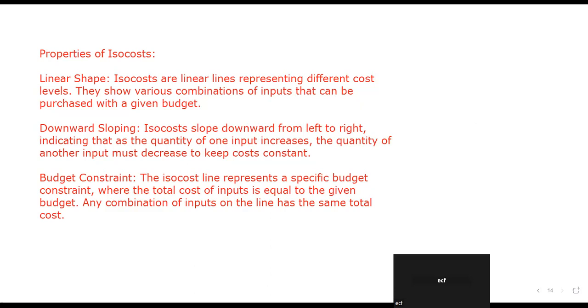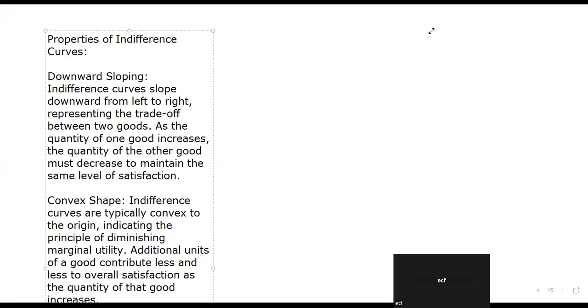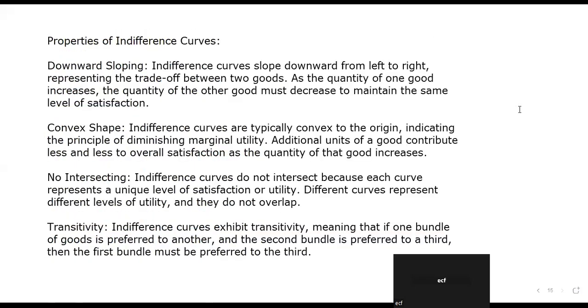And finally, we have what we call the indifference curves. What are indifference curves? Indifference curves have similar properties. So here are the properties of indifference curves. Number 1, indifference curves are also downsloping, meaning they stream from the left downward to the right, representing a trade-off between two goods which represents an opportunity cost.